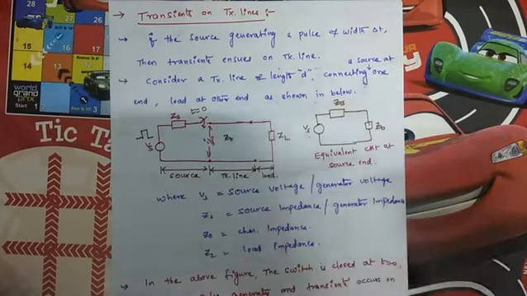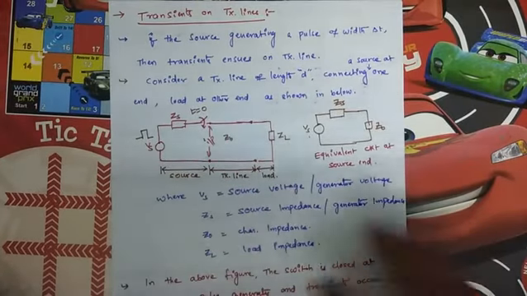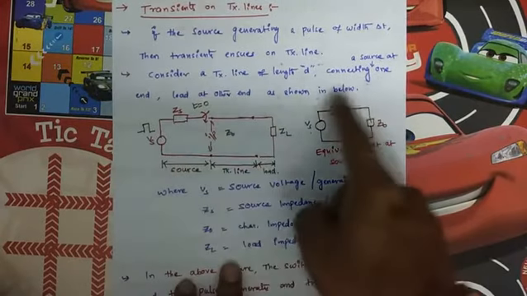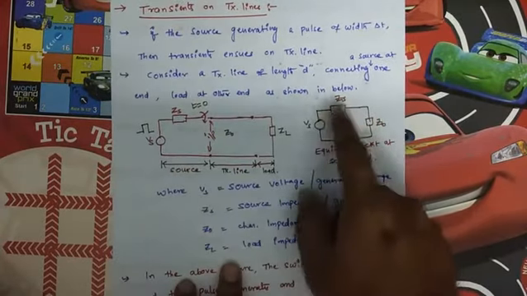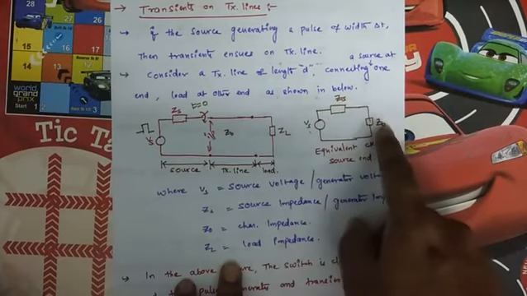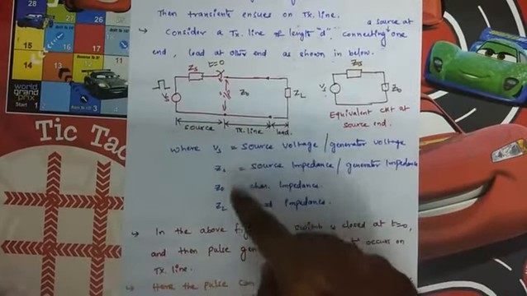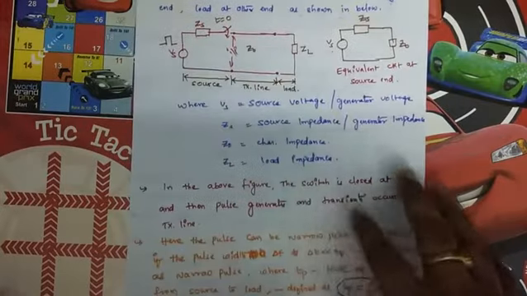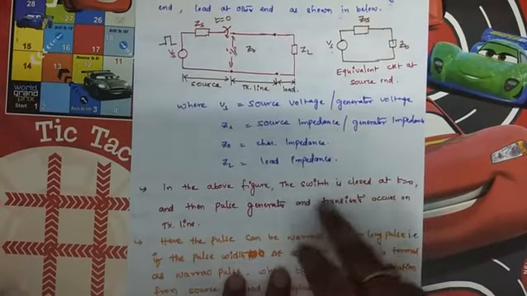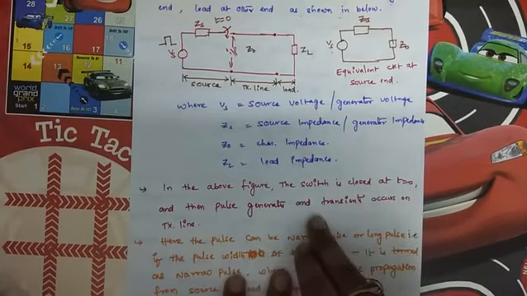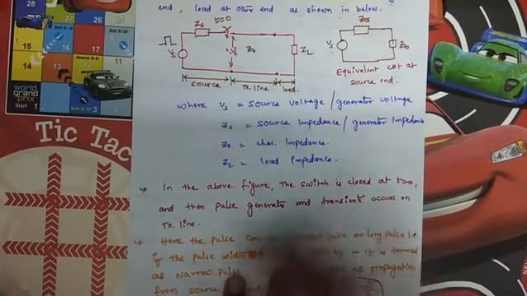So the equivalent circuit will be: source voltage Vs, source impedance Zs, and characteristic impedance Z0 of the line, with load ZL. Given that the switch is closed at t equals 0, the pulse is generated and transients occur on the transmission line.